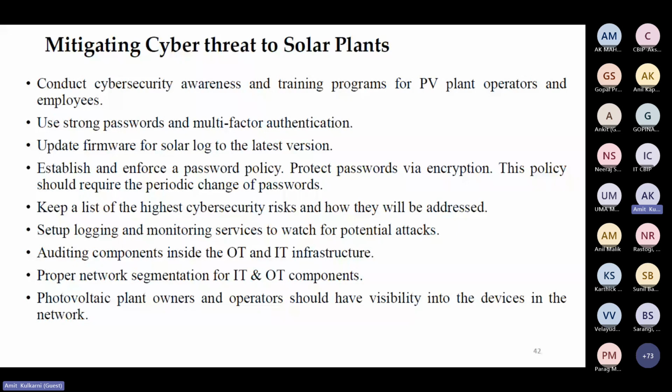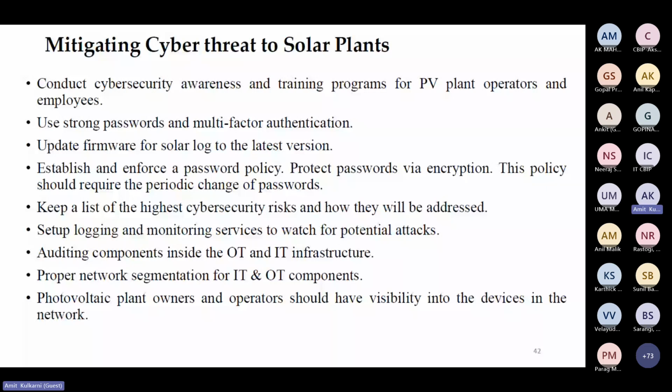So generally, what is expected? These are general things: cybersecurity awareness and training programs, use of strong passwords, updating firmware, keeping a list of the highest cybersecurity risks and how they will be addressed, auditing of your OT and IT infrastructure, and proper network segmentation for IT and OT components. Photovoltaic plant owners and operators should have visibility into the devices and the network.